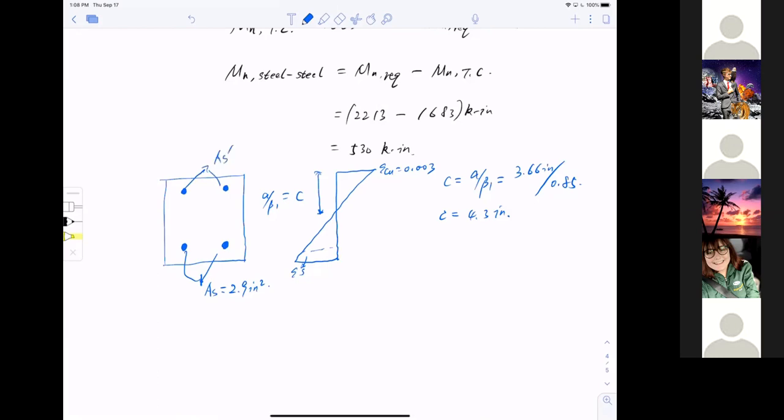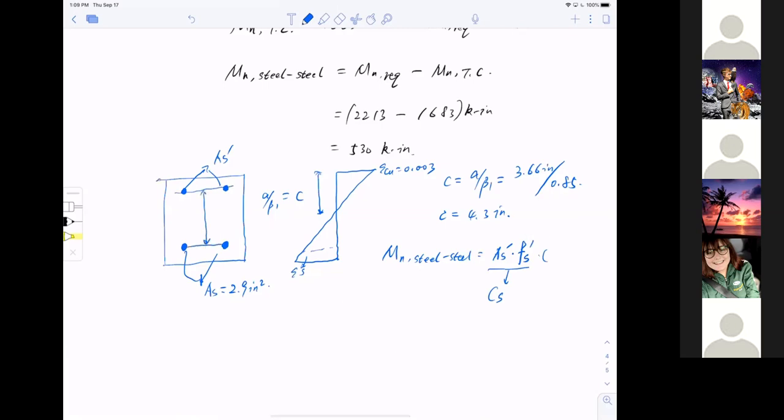Okay, and I'm going to add a moment to it. So the additional moment caused by this compressive reinforcement is Mn steel-steel equal to AS prime, that's the compressive area of steel, then the stress in the compressive reinforcement, and that's the compression force by the steel, CS, multiplied by the lever arm, which is the distance between the top bar and bottom bar.